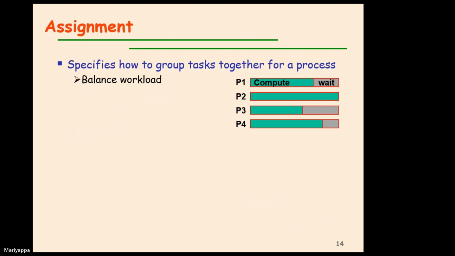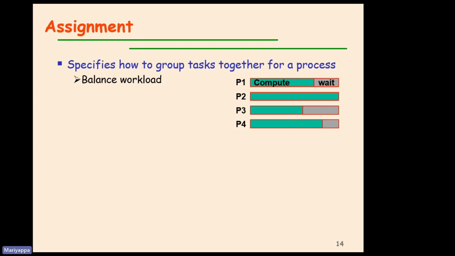If they are more or less well balanced, then the time by which they will end would be smaller. Otherwise, one process will complete fast and sit idle, whereas the other process is busy. So when you divide the work, you have to make sure that it is balanced.